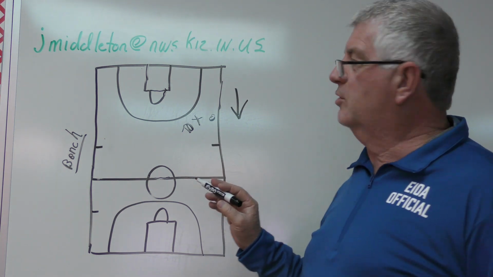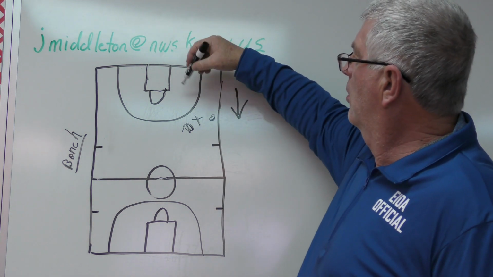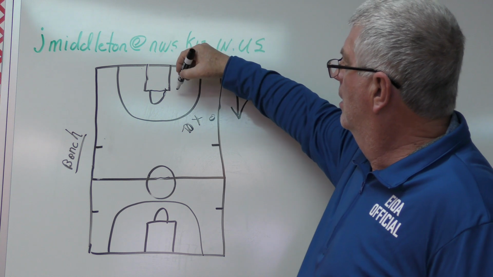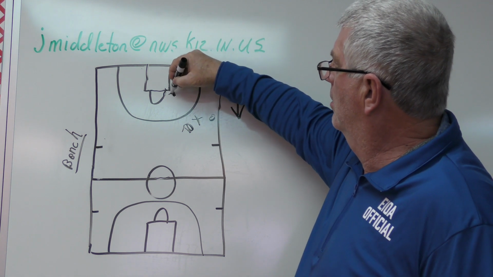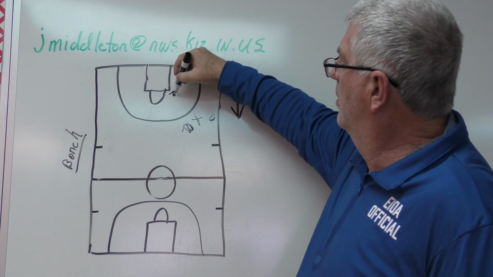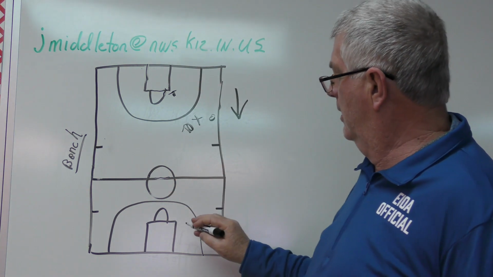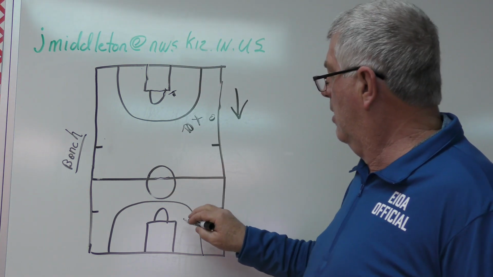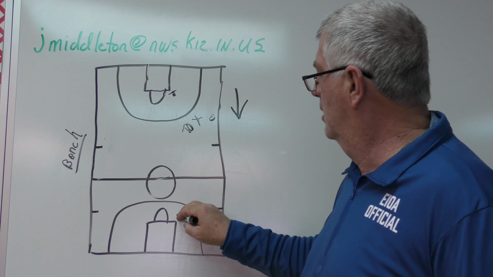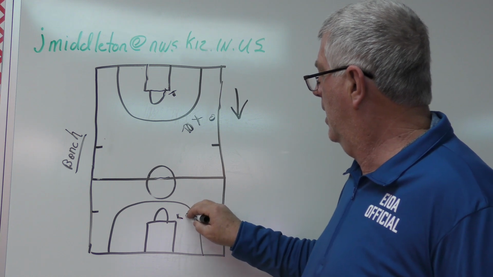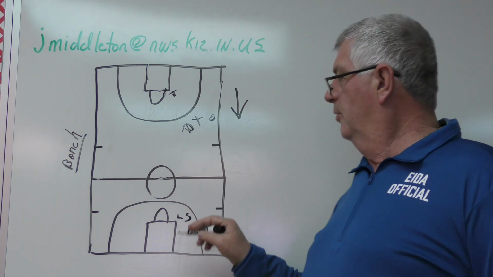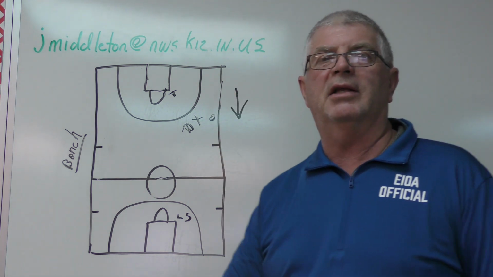Then after we administer our timeout, whoever our administering official should be, which is probably going to be the trail, should be at this elbow facing down here. And down here we will have our lead and slot will be on this one, and they'll be facing each other during that timeout.